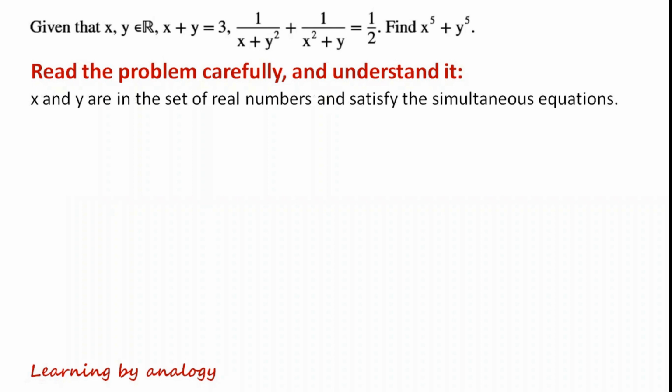x and y are in the set of real numbers and satisfy the simultaneous equations. We have to work out x to the power of 5 plus y to the power of 5.